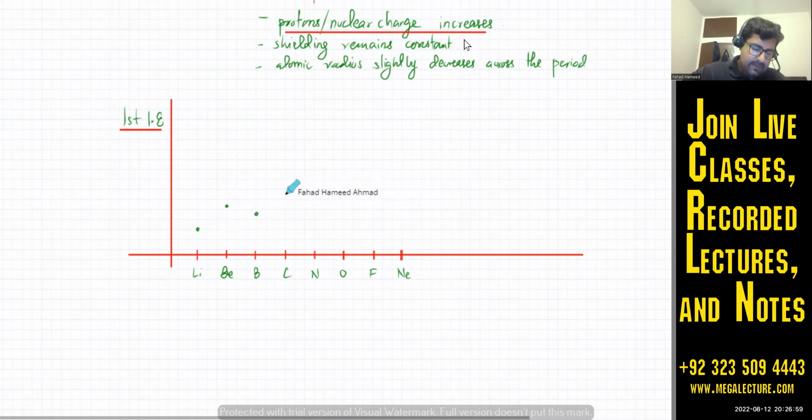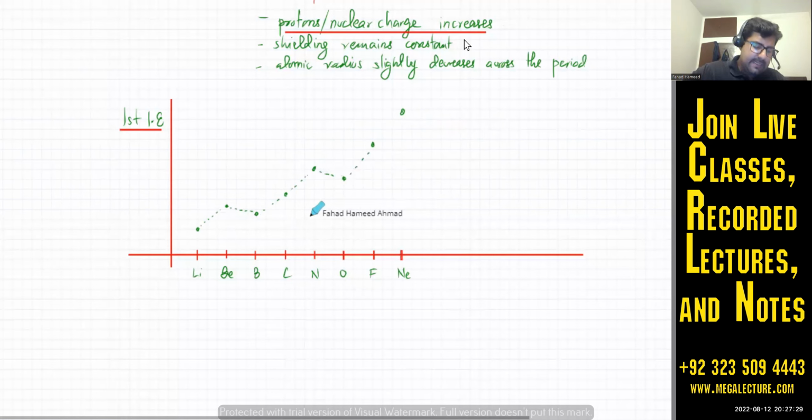Then you've got carbon, then nitrogen increases again. Then there is a slight dip at oxygen again. And then you've got fluorine, and then neon, last. Okay. So it's not a straight line going up. It's got two dips.